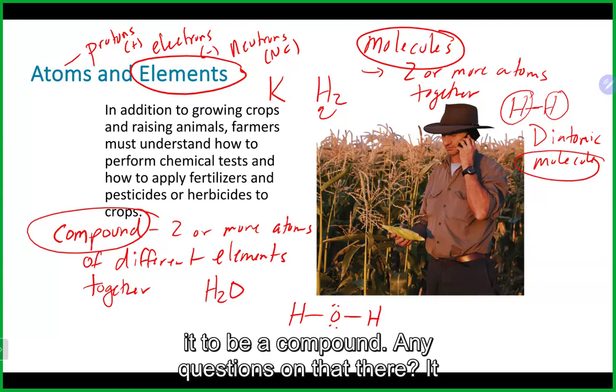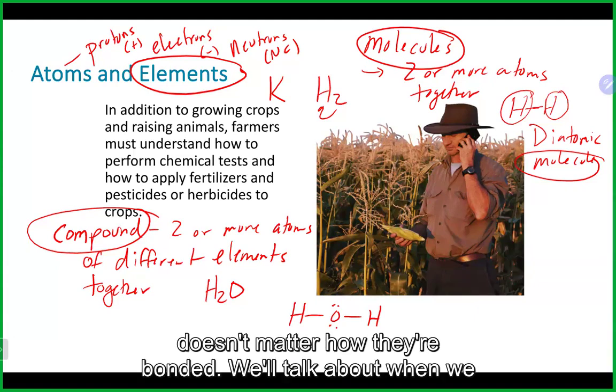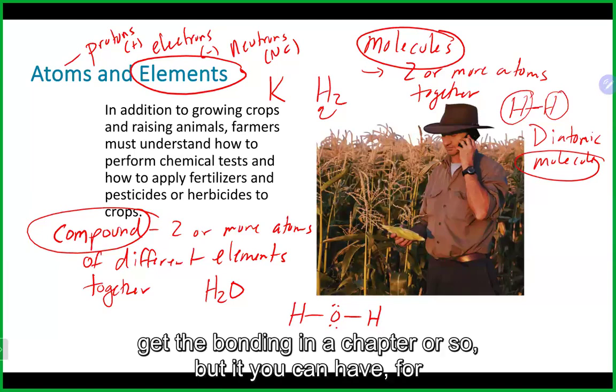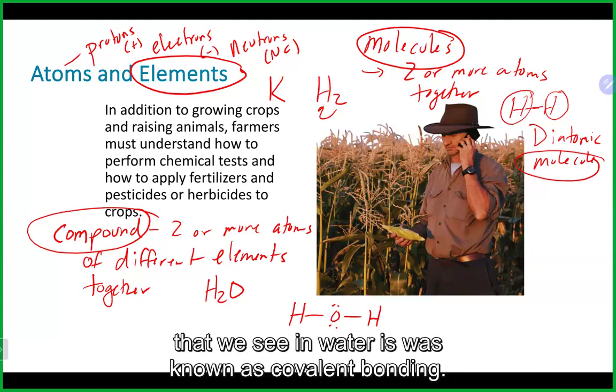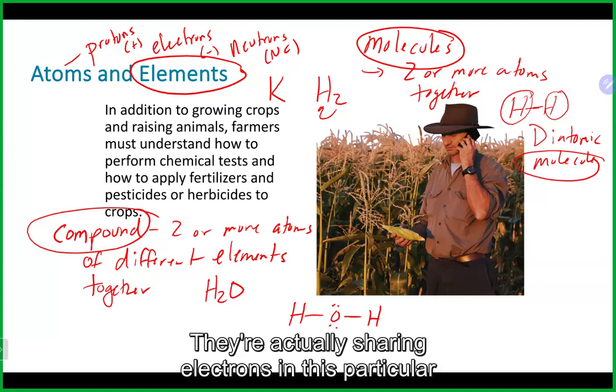It doesn't matter how they're bonded. We'll talk about that when we get to bonding in our chapter or so, but for example, this is a compound here, and this type of bonding that we see in water is what's known as covalent bonding. They're actually sharing electrons in this particular case.